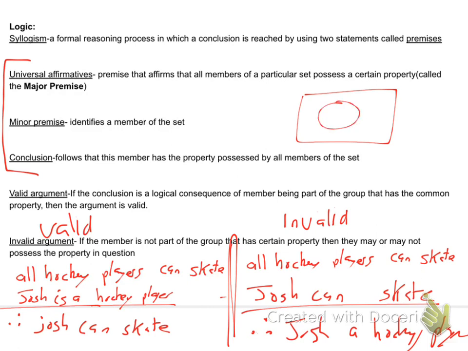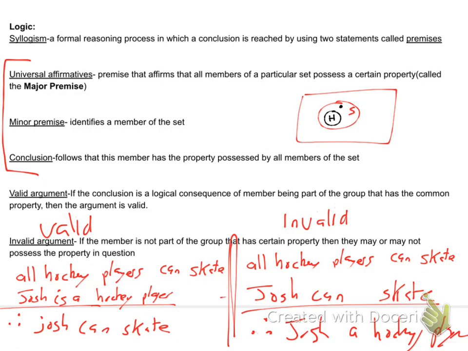Here are people who can skate. Of the people who can skate, there is a subset of people that play hockey. That means there is a little wiggle room for Josh to be here, can skate, but not be on the hockey team. Maybe he's just not good enough. You guys kind of see how that's an invalid argument. If you're not part of the group, you can't just say, because I have the quality, I'm part of the group. Doesn't work.